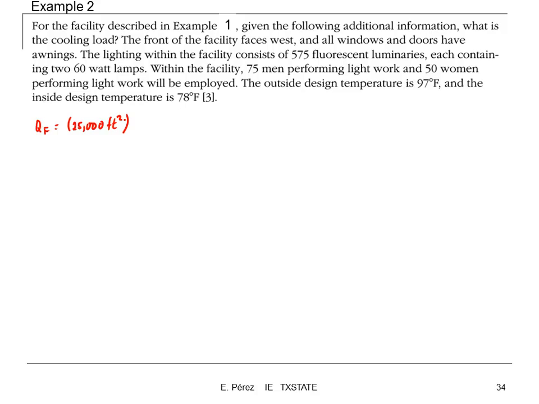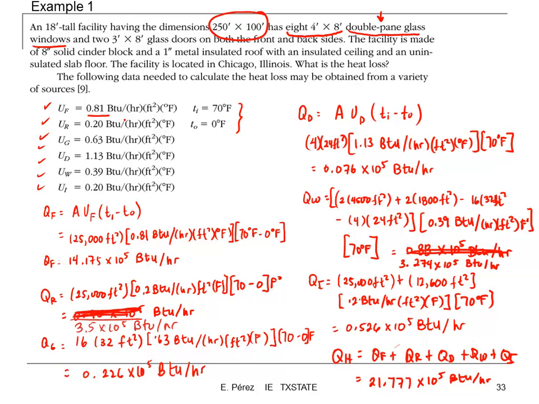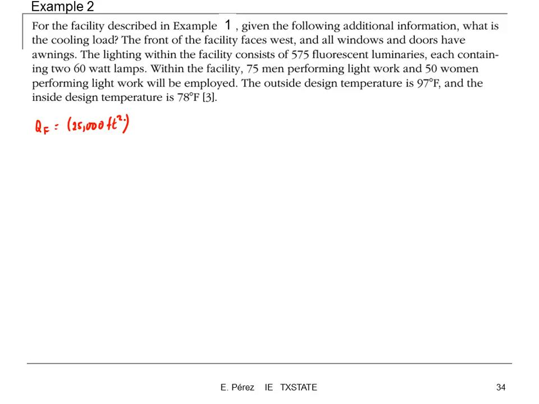And we have the information about U from the previous example. So it's 0.81 BTU per hour feet squared Fahrenheit.